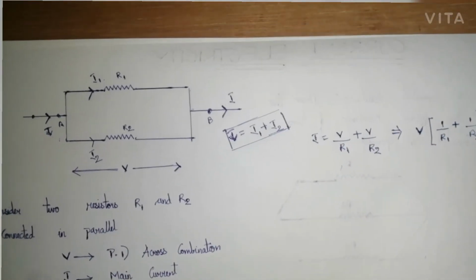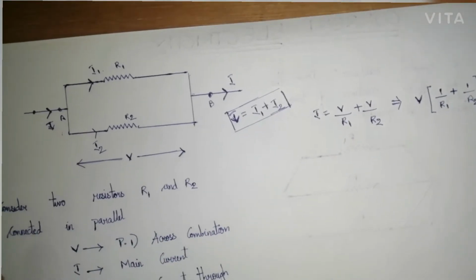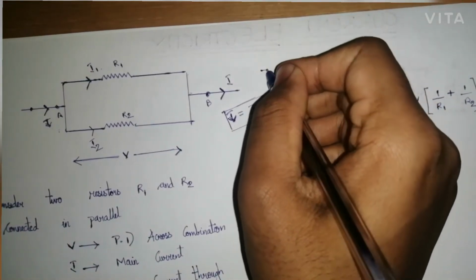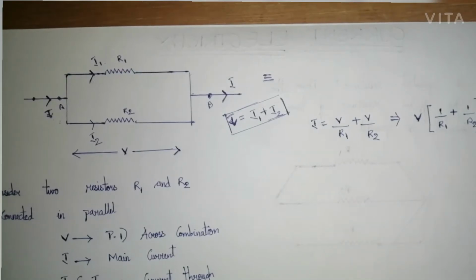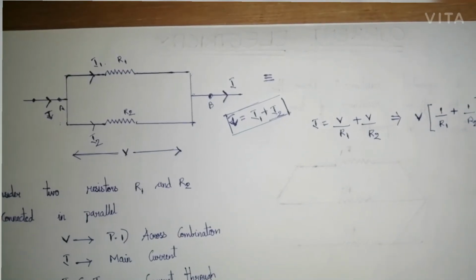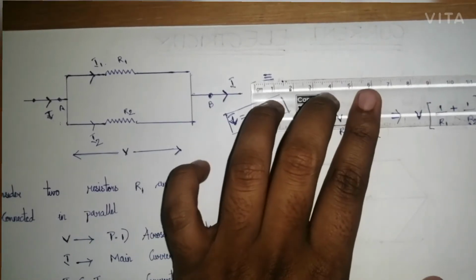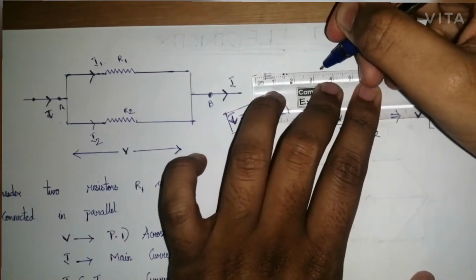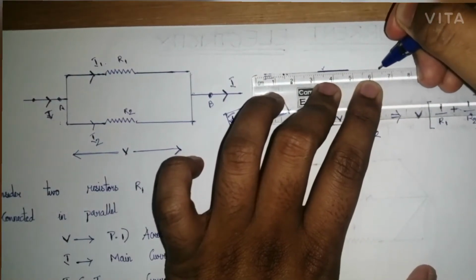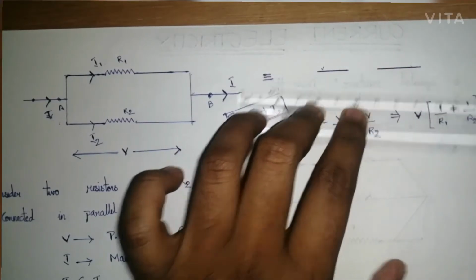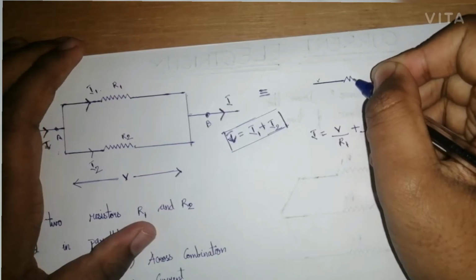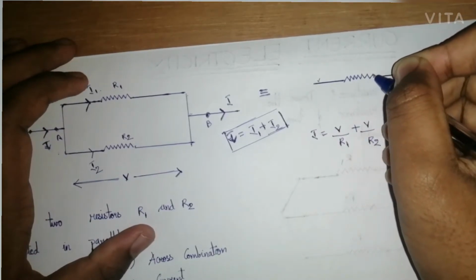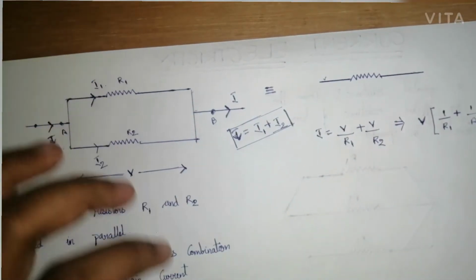So before that, as I told you, in the series combination you should always have an equivalent resistance. What is equivalent resistance? One resistance will have the same strength or same work as your other both resistances will be doing.